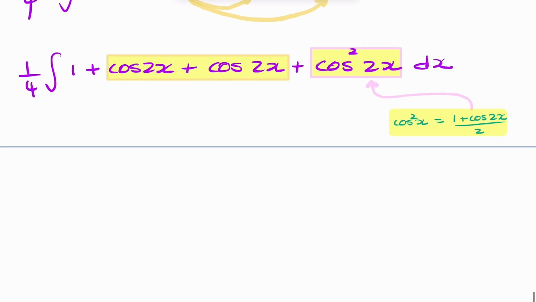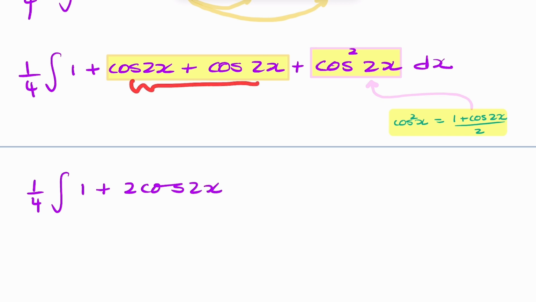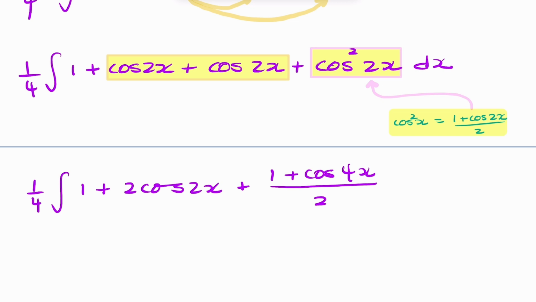So I now have 1 over 4, 1 plus 2 cos 2x. So I've added these two. Now I have 1 plus cos 4x, because this angle is twice that angle. So here we've got 2x, so obviously it needs to be 4x here.